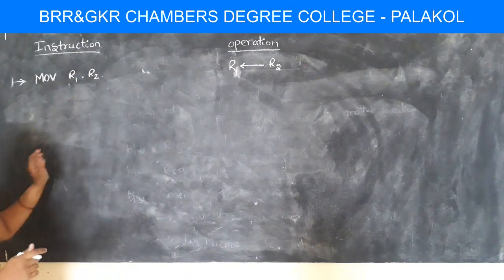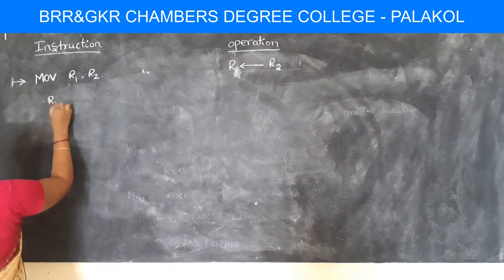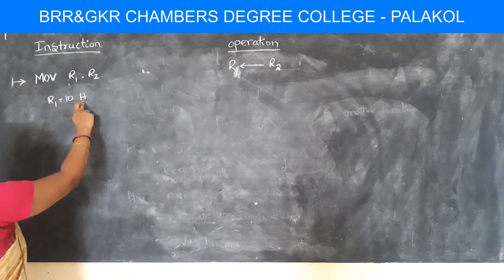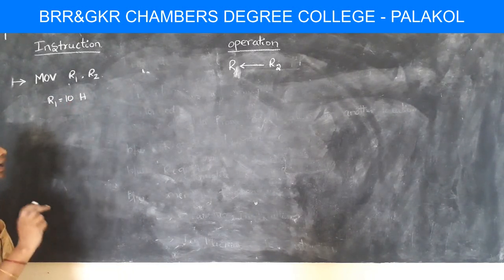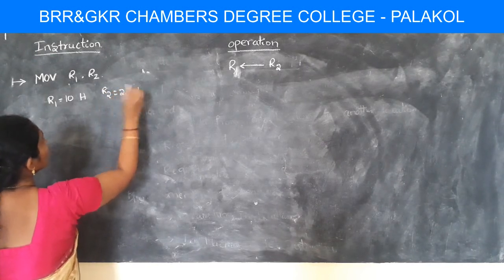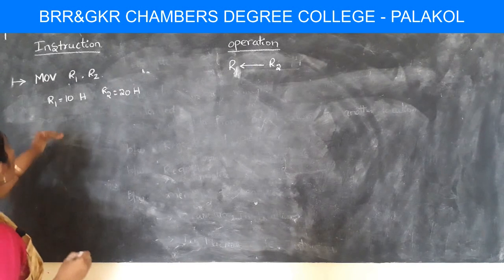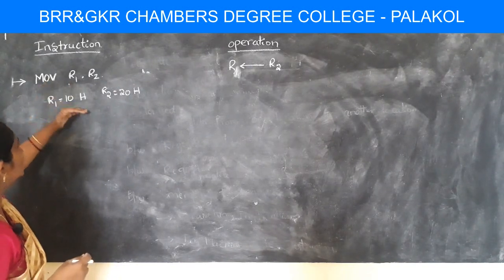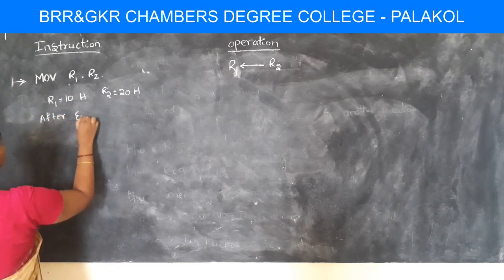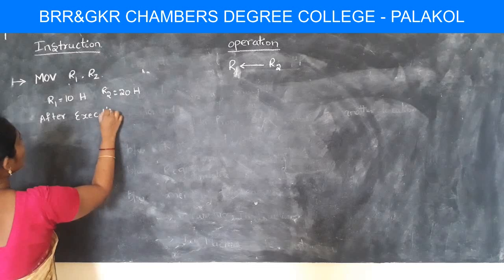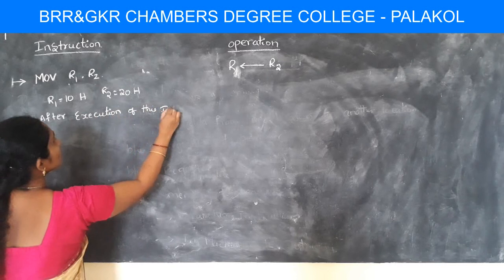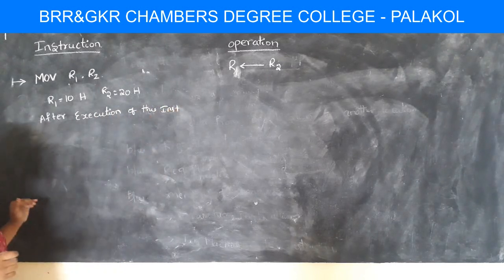So for example, if we consider R1 is equal to 10H. Here I already told H is nothing but a hexadecimal number, and R2 is equal to 20H. Okay. So after the execution of this instruction, what will be happening here?